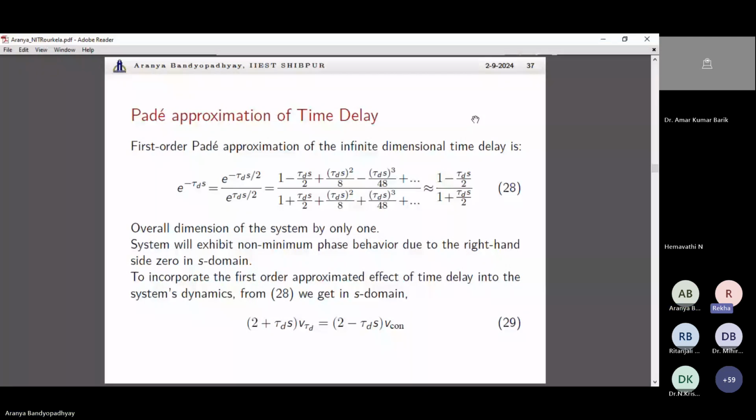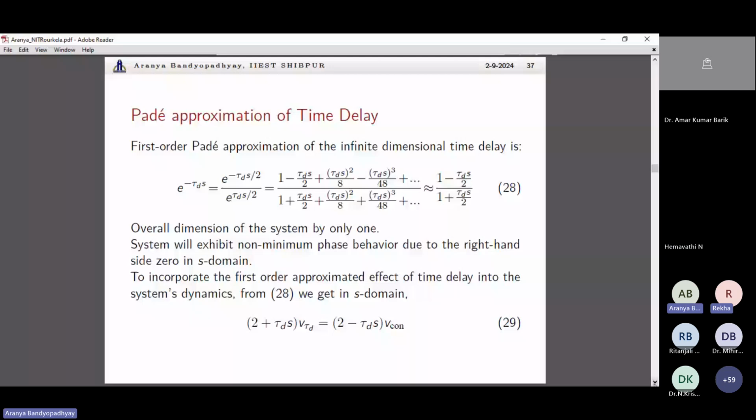But it should be noted at this point that the system will exhibit non-minimum phase behavior due to the right-hand side zero in A state. Can you see that there is a right-hand side zero over here? So at this initial stage, you can say that since it incorporates a right-hand side zero, it will incorporate some type of instability.